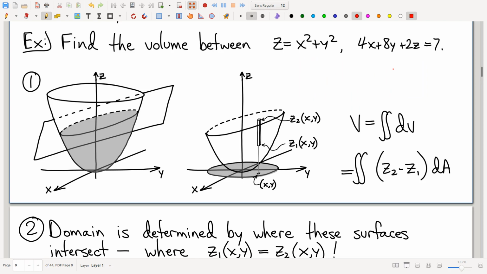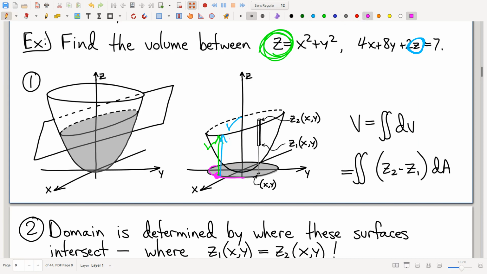What we're looking for are values of x and y, points on the curve in question, in other words, where the z distance that I go up to get onto the paraboloid and the z distance that I go up to get onto the plane, I need those two distances to be equal.